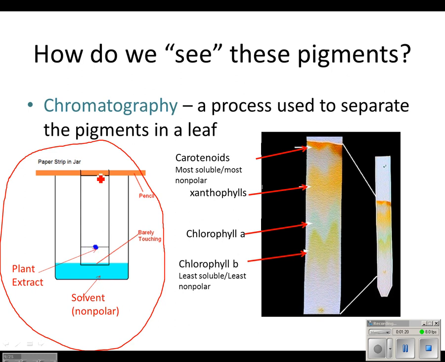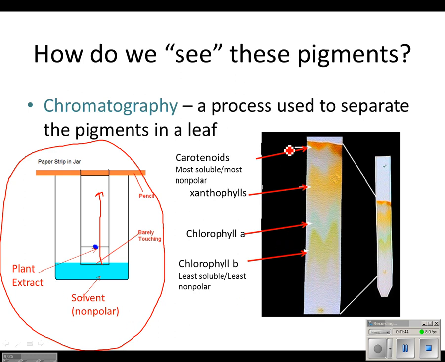We take a piece of paper and we put the plant extract on it. We put it into a solvent, which is nonpolar, and we make sure that the extract isn't actually touching the solvent. Then what happens is the solvent will, through capillary action, move up this chromatography paper, and when it does, we will separate the pigments out.